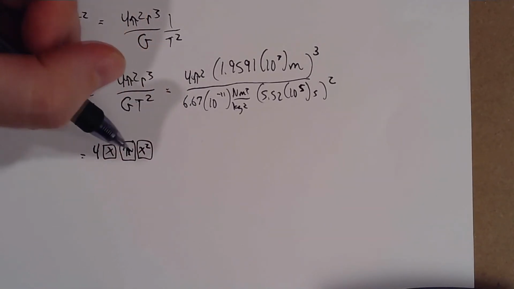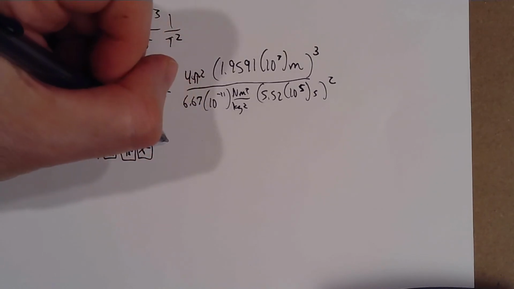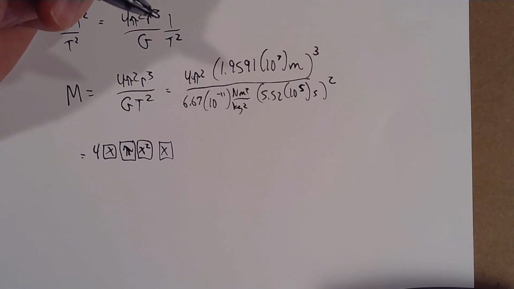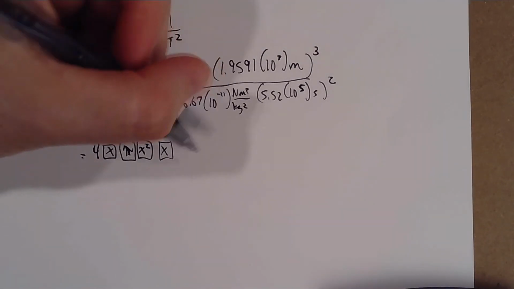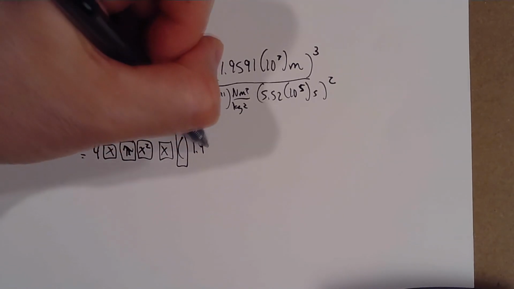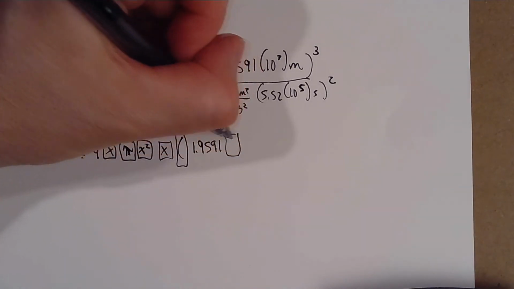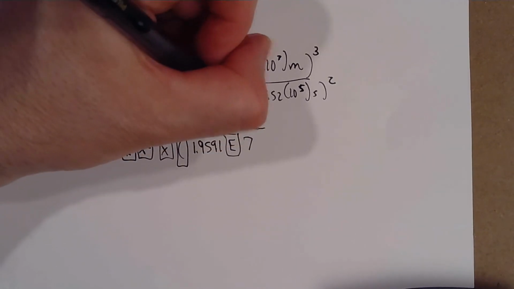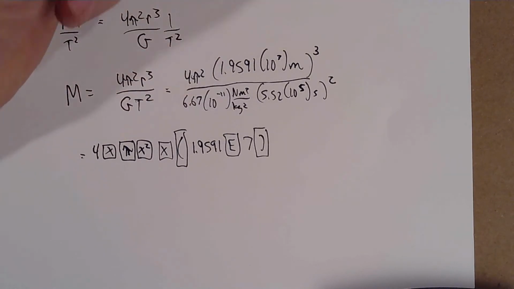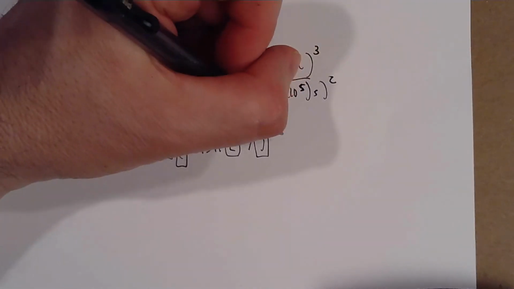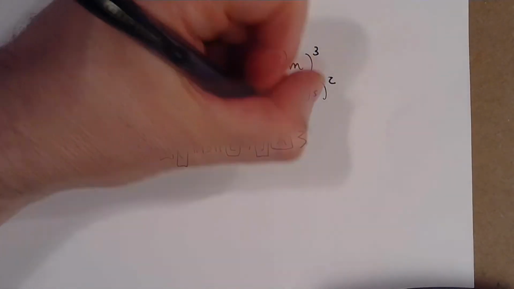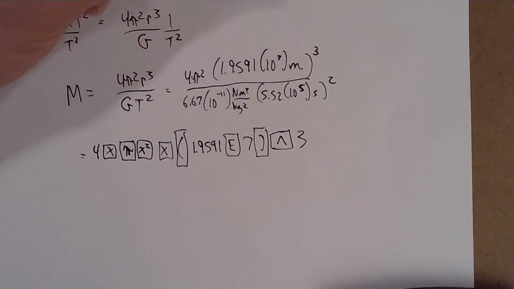So that's 4 times pi squared times, this is a big one. Let's put this in parentheses just in case. Because we're going to cube this whole thing, and I just want to make sure I'm not accidentally cubing the 7 instead. I mean, again, I could try it out, see what happens, but it's not going to hurt to have an extra parenthesis in there. Okay, so that's the top.